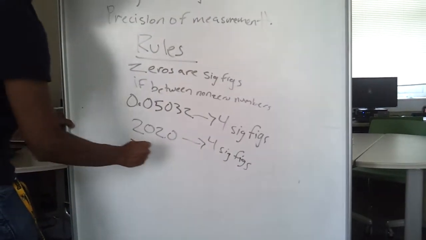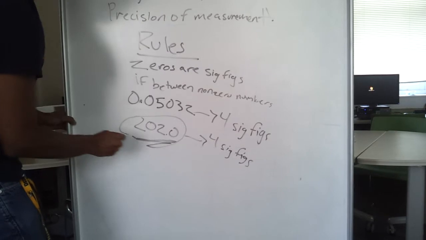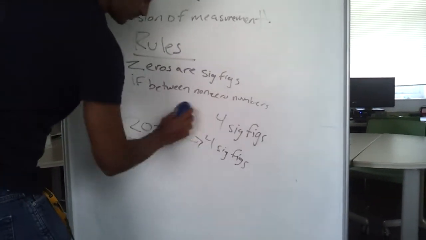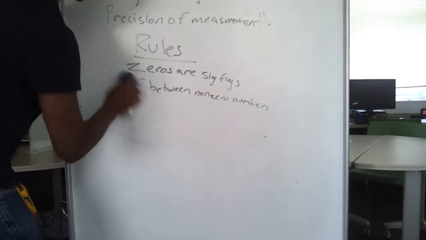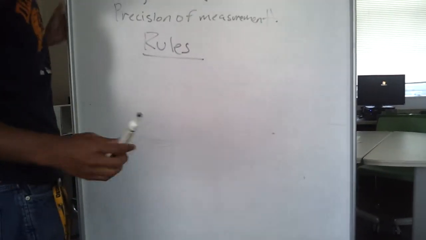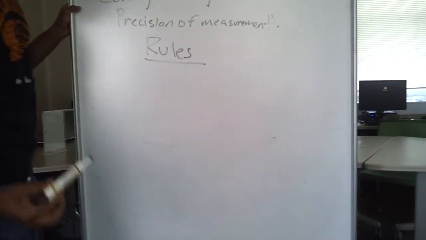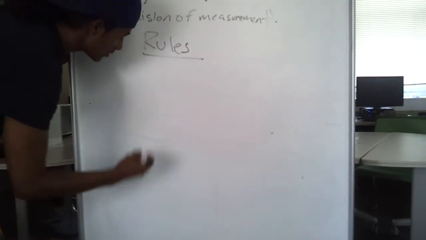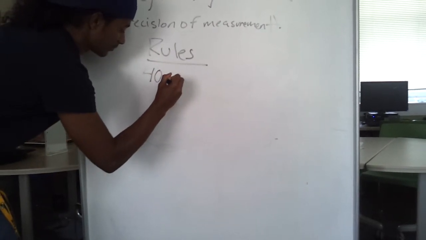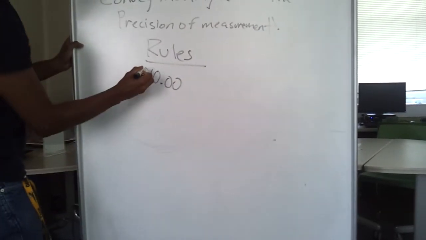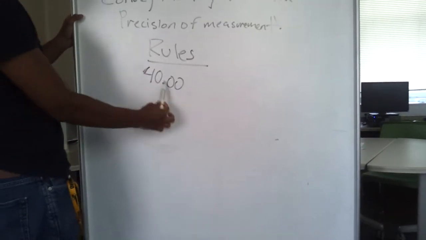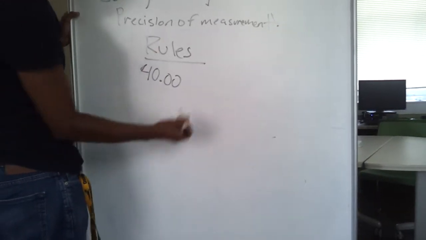And this example right here leads to my next rule. Zeros following any non-zero number are considered significant figures. So, in this example, 4000 would have 4 significant figures because these three zeros follow the 4.